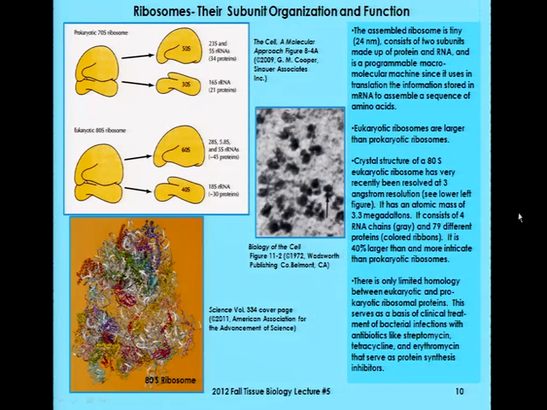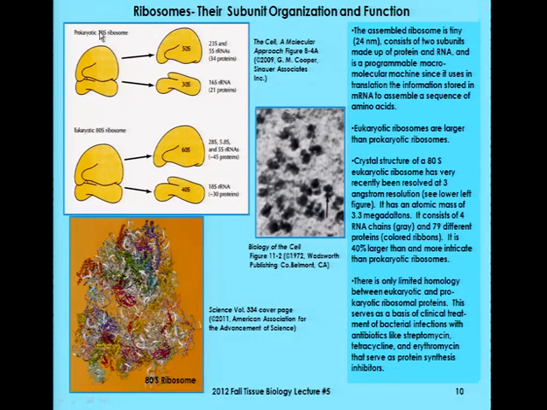Now, recently, the crystal structure of the eukaryotic ribosome has been resolved at 3 angstrom resolution, and that was published in 2011. From these studies, it was shown that the ribosome consists of 4 RNA chains, which are shown in gray, and there are 79 different proteins that are shown in colored ribbons. The eukaryotic ribosome is 40% larger than the prokaryotic ribosome.